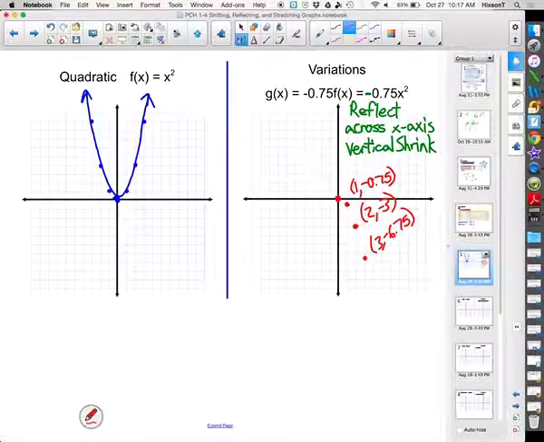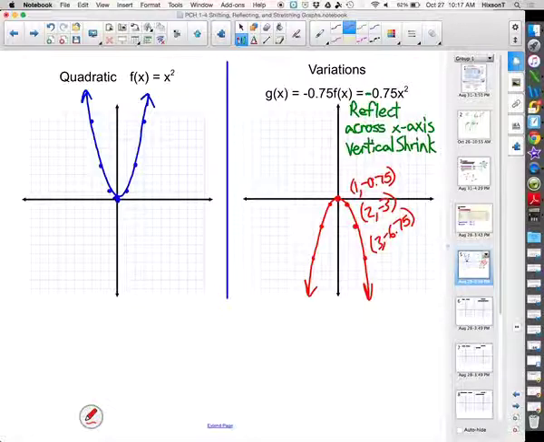And then of course we can reflect those points using the symmetry we know exists here. So we have (-1, -0.75), (-2, -3), and (-3, -6.75). And now we can draw our transformed parabola.